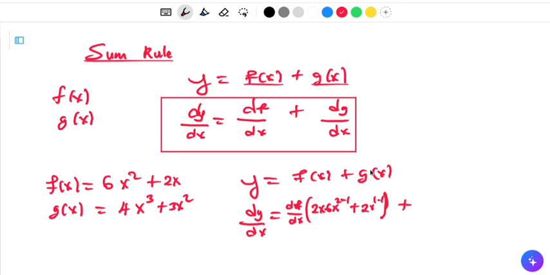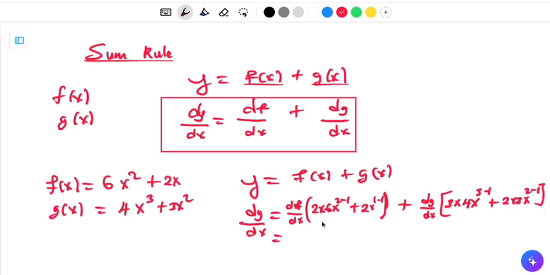What about dg/dx? We have 3 multiplied by 4, then x to the power 3 minus 1. We also have 2 multiplied by 3, then x to the power 2 minus 1.